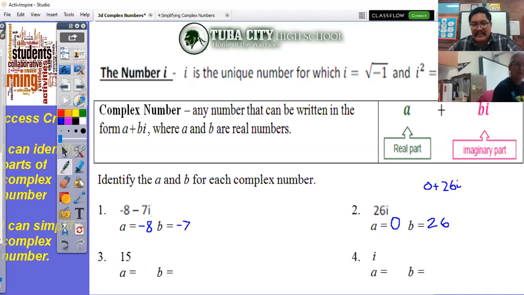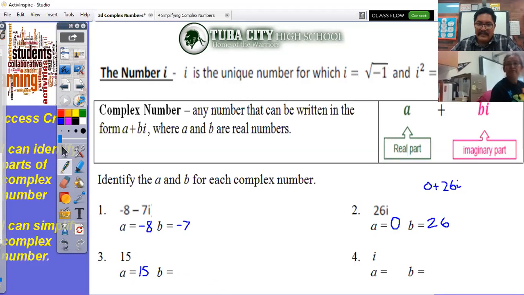Like for instance, in this example number 3, I only have, again, 1 part. So one of them is missing. And I have to look at it and say, okay, which one do I actually have? Do I have the real part or do I have the imaginary part? In this case, there is no letter i, so that means we are looking at the real part. And 15 is a real number.